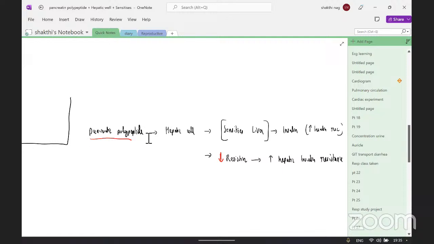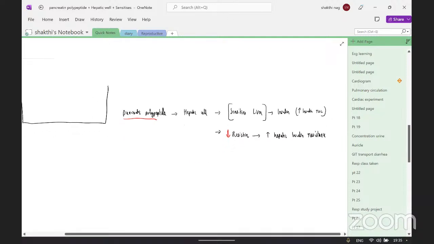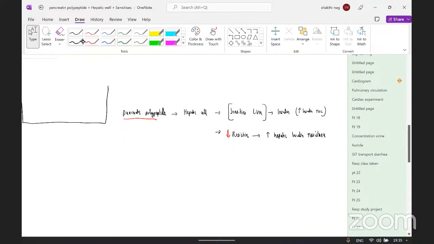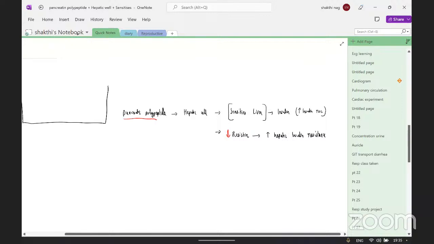Okay, so now we talked about all the different components which are there. We talked about your beta cell, your alpha cell, your delta cell, your F cell. Beta cell was releasing amylin, insulin, C-peptide.